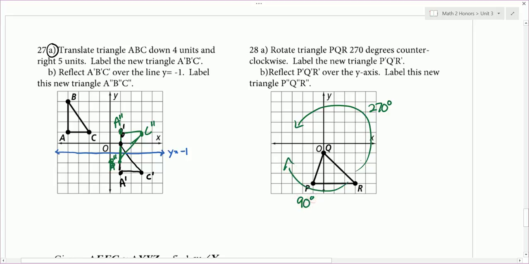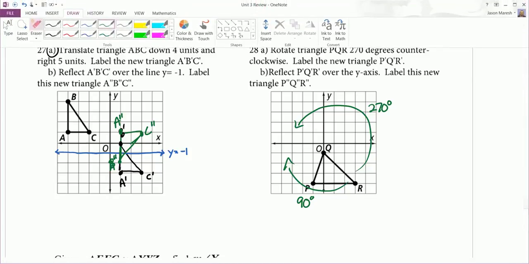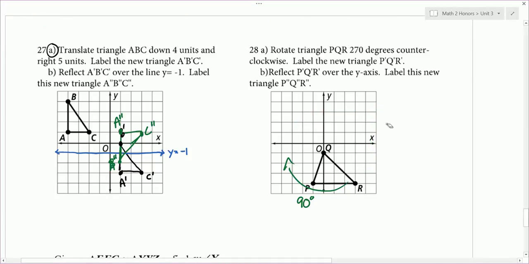Why? Because a full circle is 360 degrees, and if you go 360 minus 270, you get 90 left over. So it might be a little easier to visualize rotating clockwise 90 degrees, and we get the same result, so let's focus on that.